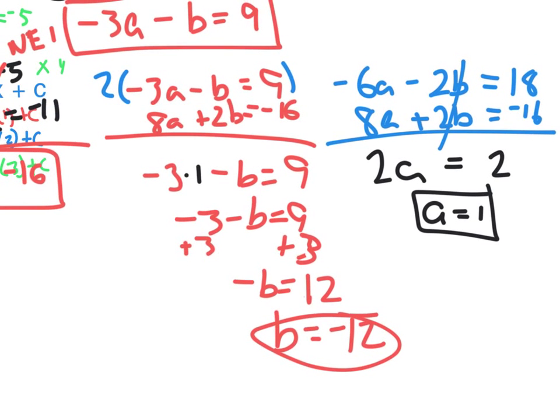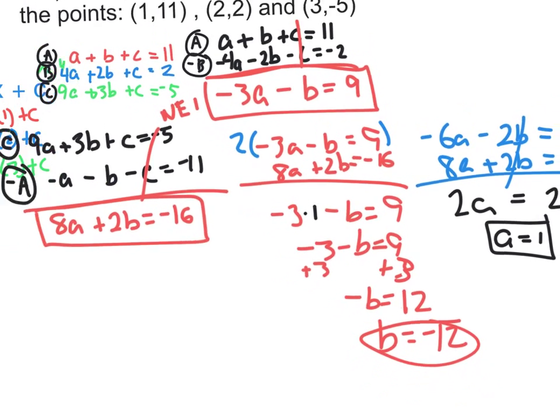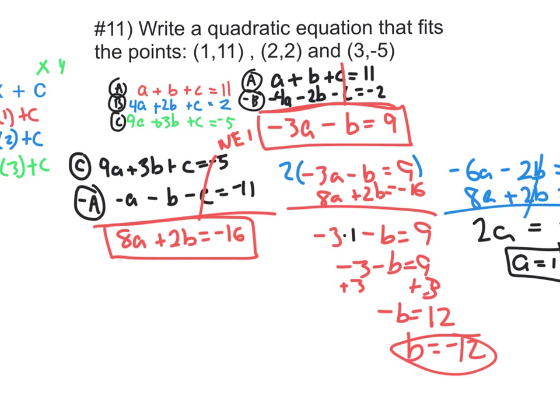Anyways, we still need the c value. So what I want to do is go back and find that c value by plugging in 1 for a, negative 12 for b. And I'm going to use the top equation on the original 3 by 3. So it's going to say a plus b plus c.